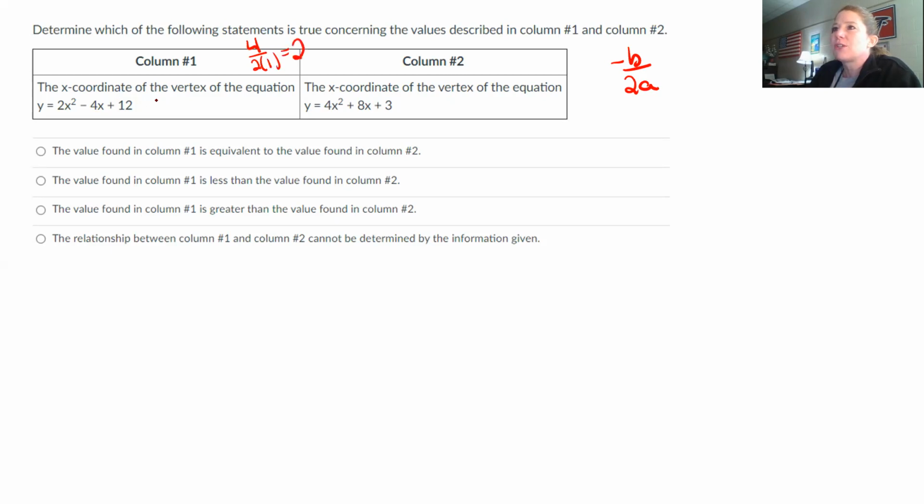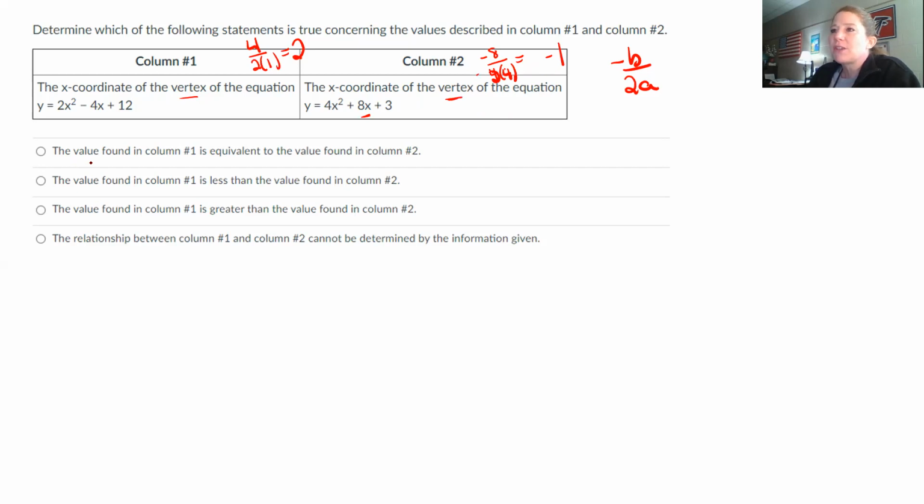So the x value of the vertex of column 1 is +2. And then for column 2, we're going to do the opposite of 8, which is -8, divided by 2 times 4, which is +8, so that would be -1. So the x coordinate of the vertex of column 2 is -1.